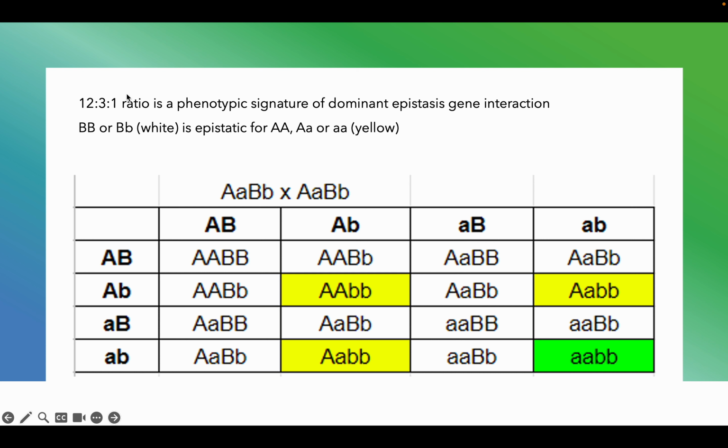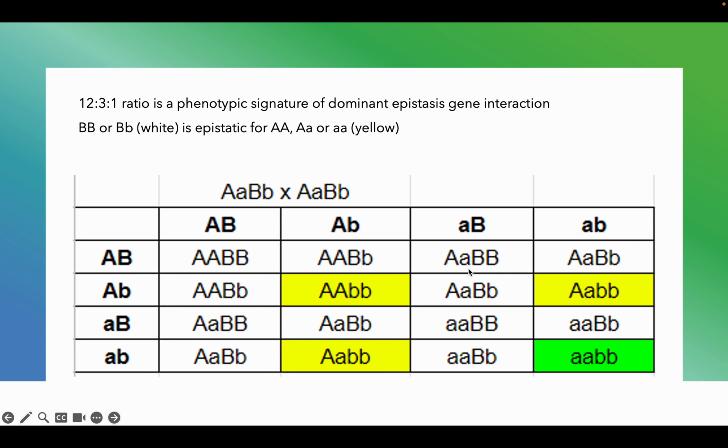As I said, the B gene is epistatic and A is hypostatic because B is hiding the expression of A. Capital B, whether homozygous dominant or heterozygous, is in dominant condition, so the color is white. A codes for yellow, but because B is hiding A, whenever B is dominant we get white instead of yellow.